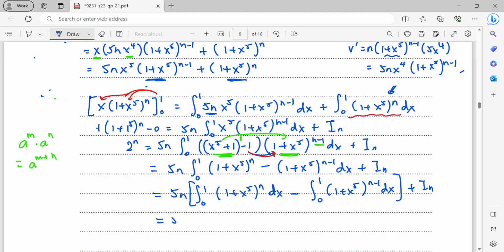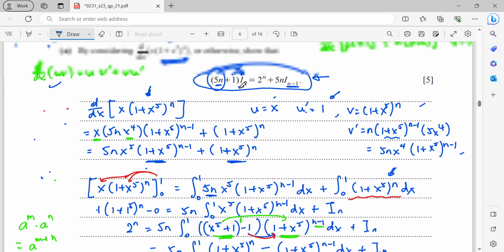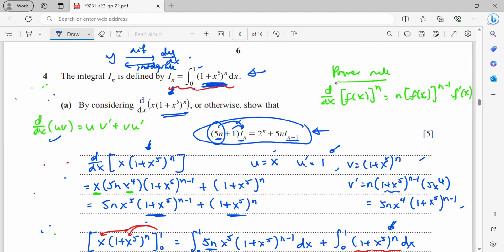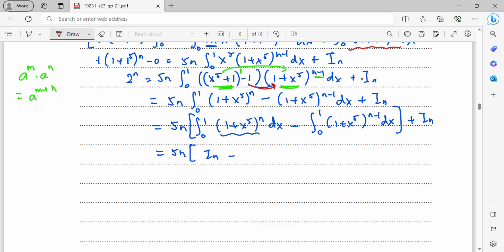Then from here I will get 5n. This is my I_n. Then now if you look at the definition here, when here is n, this is I_n. Means that if I have changed this to n minus 1, this is I_{n-1}. So this is power n minus 1 here. Therefore, I will write I_{n-1}.